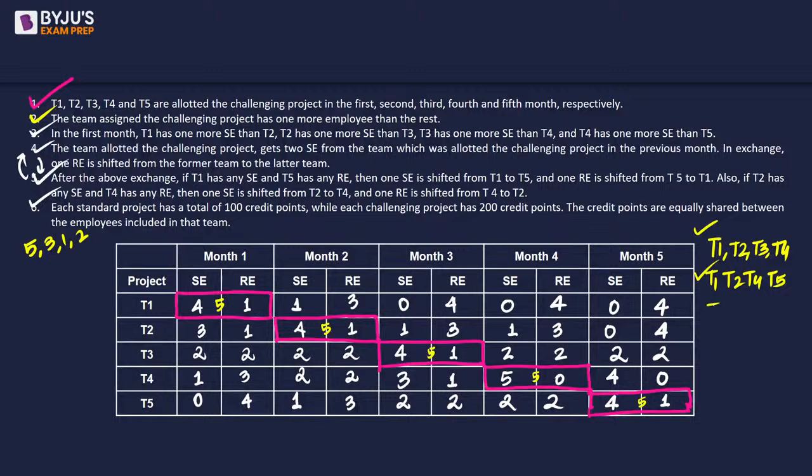T1 is missing. So we will have T2, T3, T4 and T5. So if he doesn't work in the first month, or let's say if he worked in the first project, in the first month, so he can get again 400, right?